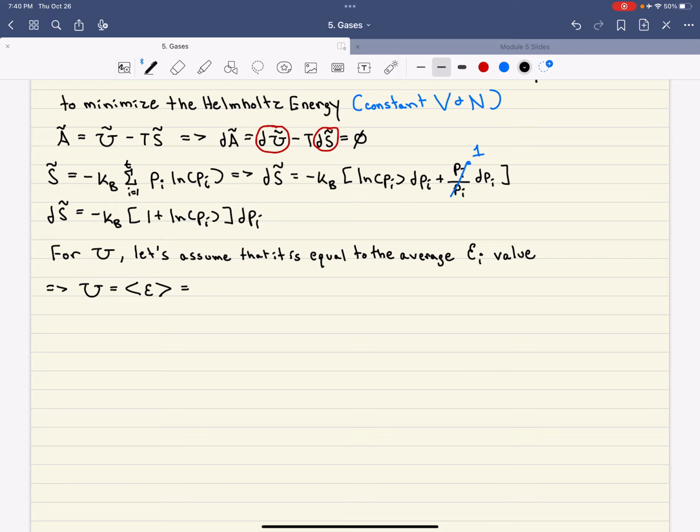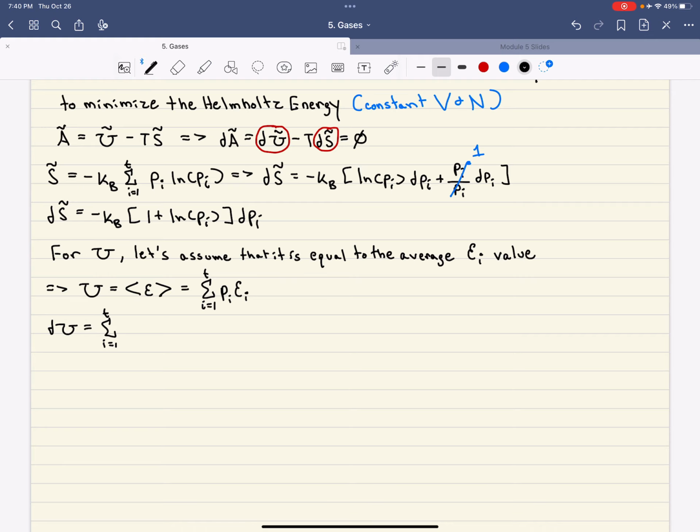And in order to calculate the average, we'll just use the mathematical definition of the average, which is the summation of epsilon sub i times its probability. We're just using the regular average formula. So that's what u is going to be equal to. So if we take the differential of this right-hand side, we'll keep the summation.